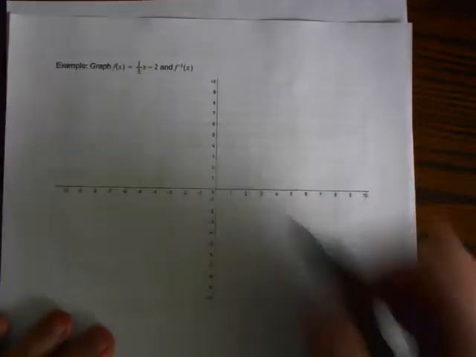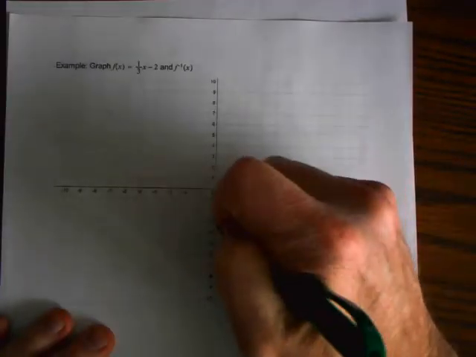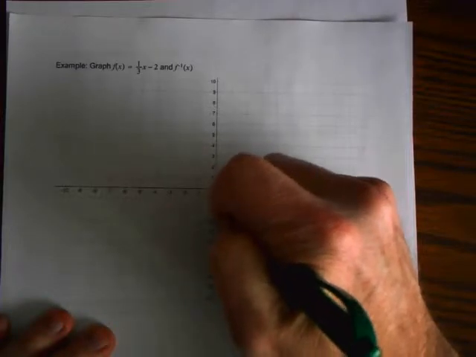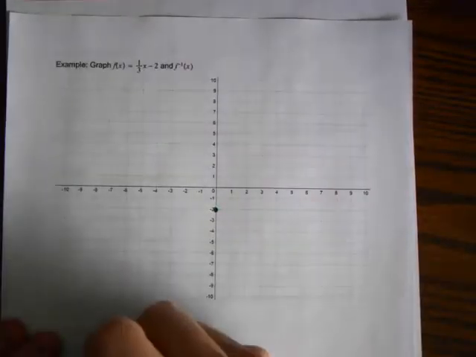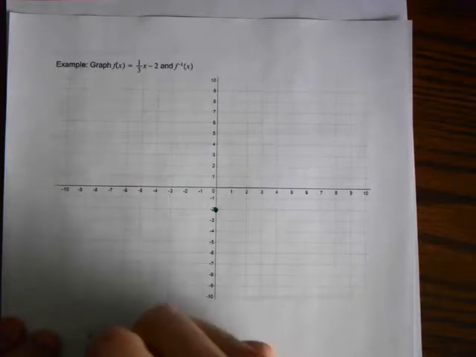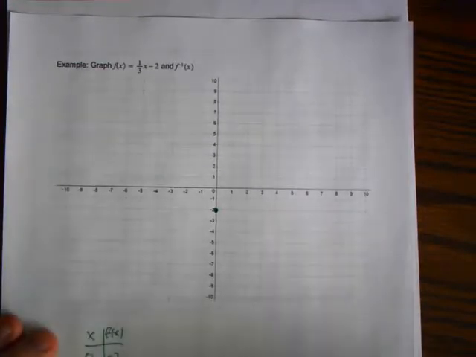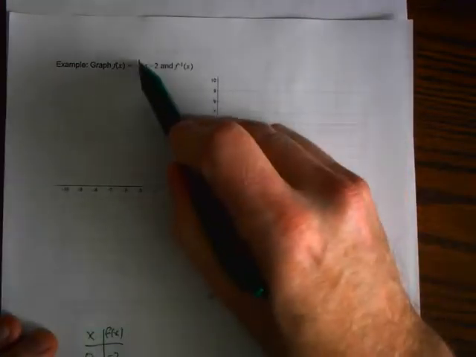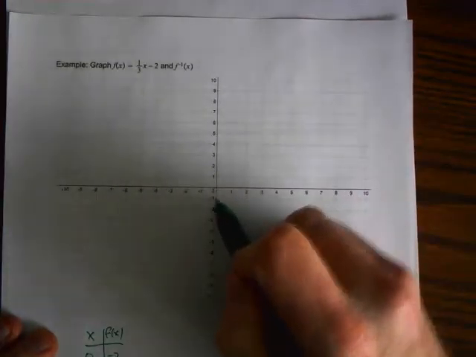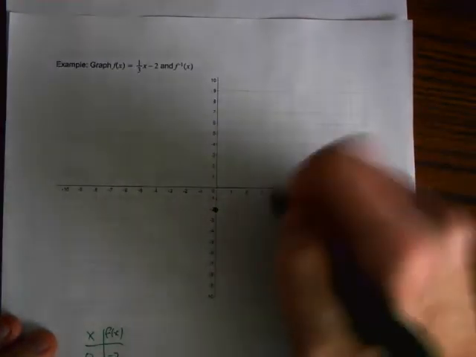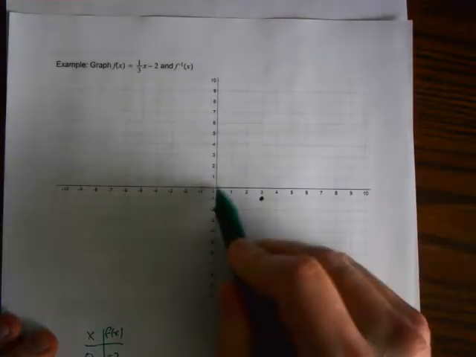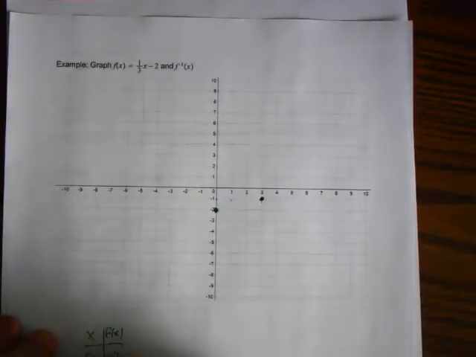To graph f of x, I would start at its y-intercept, which is 0, -2. Let's start making a chart down here. X, f of x, 0, -2. And then my slope is 1/3, which means I would go up 1 and over 3. 1, 2, 3. So this is the point 3, -1.